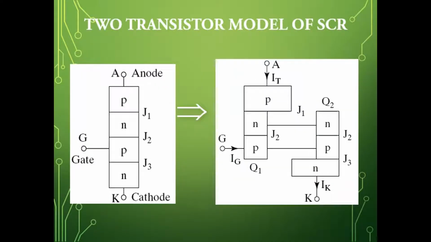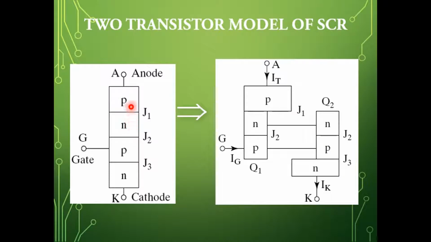So now our four layer three terminal thyristor is split into two transistors, PNP and NPN.